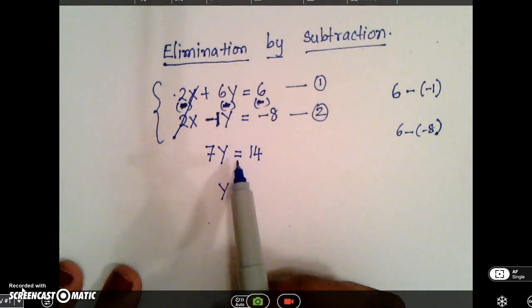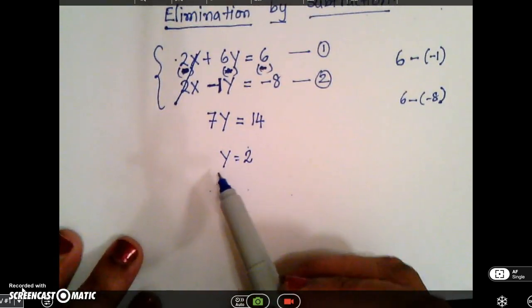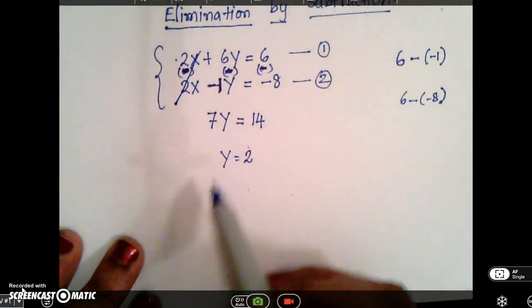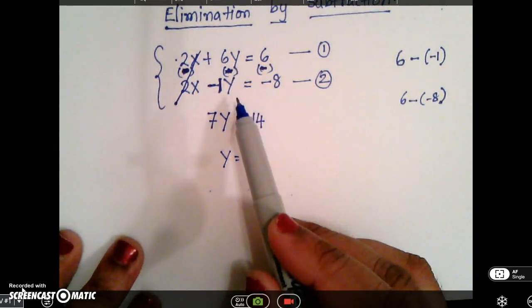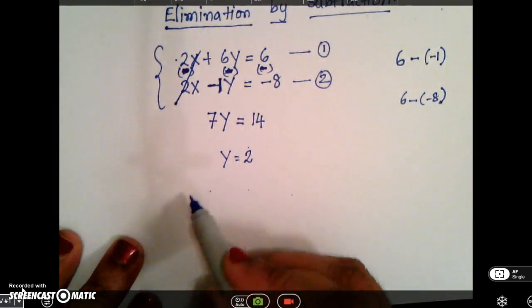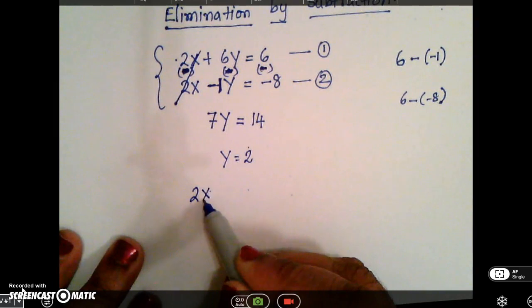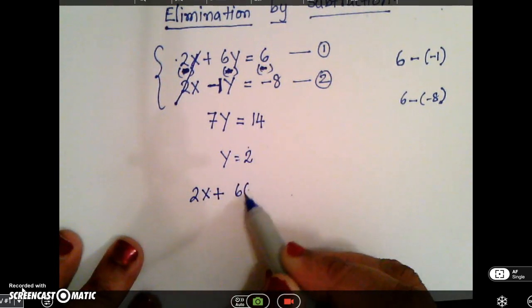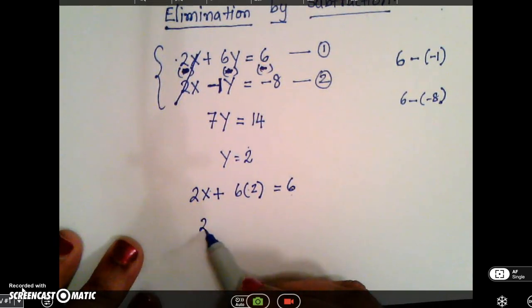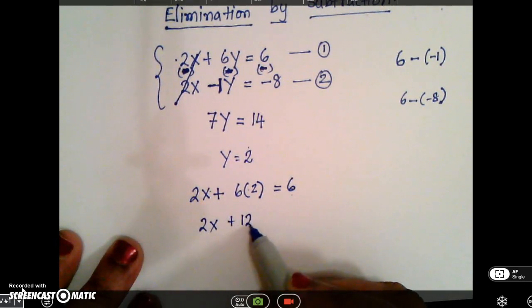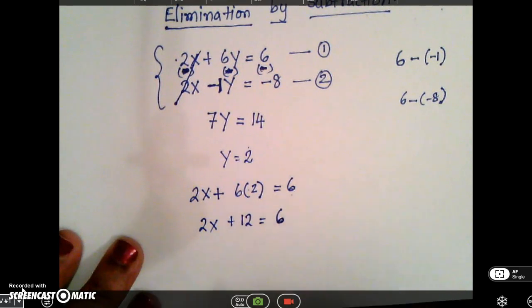So I have figured out what y is. Now it's for me to go back and figure out what x is. I can put this value of y in any one of these equations. So I have 2x plus 6 times y equal to 6. So I have 2x plus 12 is equal to 6.